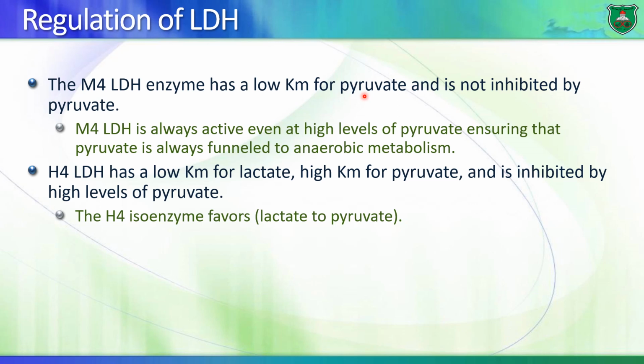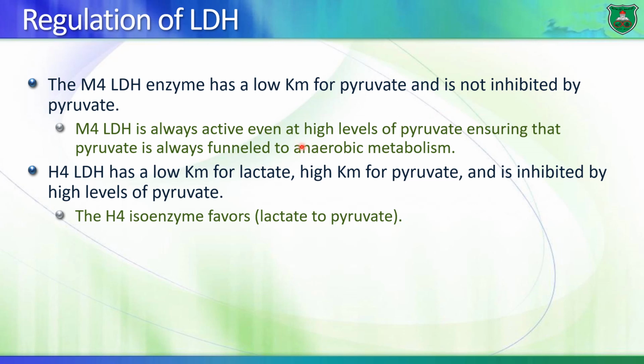So it converts it to lactate. And something important in terms of regulation is that it is not inhibited by pyruvate. Okay, so the substrate does not inhibit the enzyme. So the reaction is always going on.